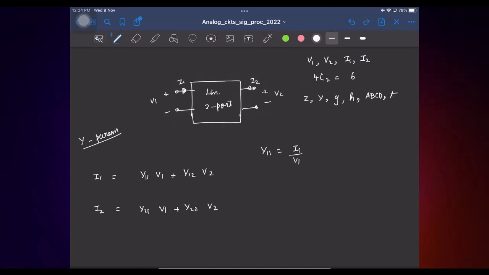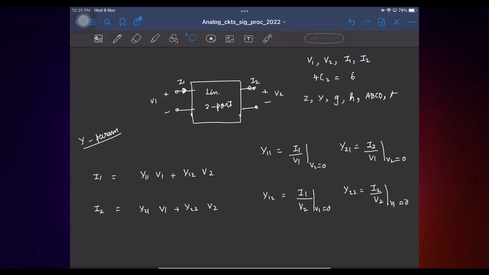It is I1 by V1 when V2 is 0. So what is Y21? I2 by V1 when V2 is 0. Similarly, Y12 is I1 by V2 when V1 is 0, and Y22 is this guy. Okay. Cool.